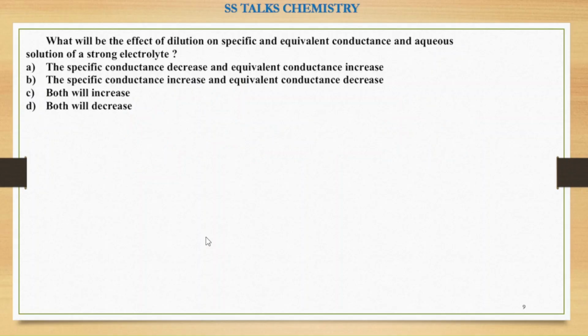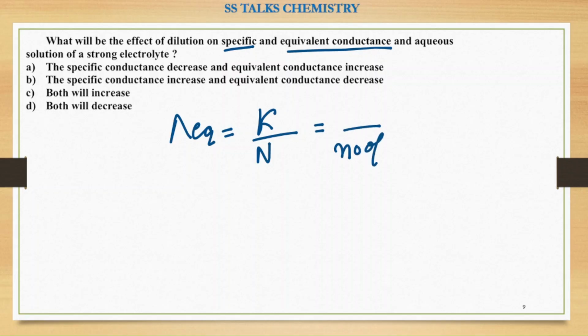It says, what will be the effect of dilution on the specific and the equivalent conductance of the aqueous solution of a strong electrolyte. So we know that the equivalent conductance is equal to kappa upon the normality. Normality is the number of gram equivalents of the solute upon the volume of the solution in liters, so the volume goes in the numerator.